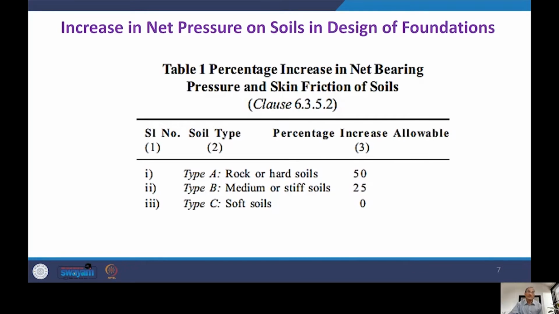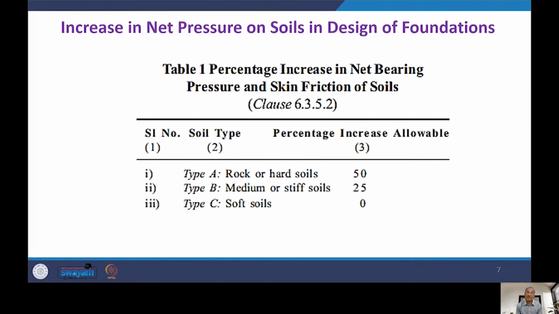There are 3 types of soils mentioned in this code. One is rock or hard soil, the second is medium or stiff soils, and type C is soft soils. These types of soils are defined later in Table 2. For type A, which is in general rock or hard soils, you can increase the allowable bearing pressure by 50%.